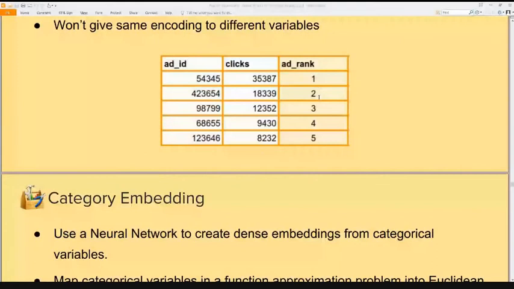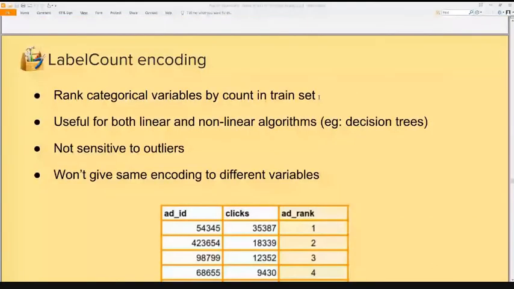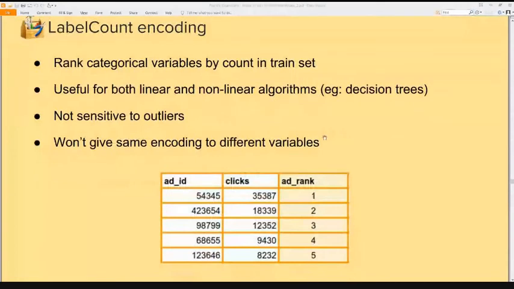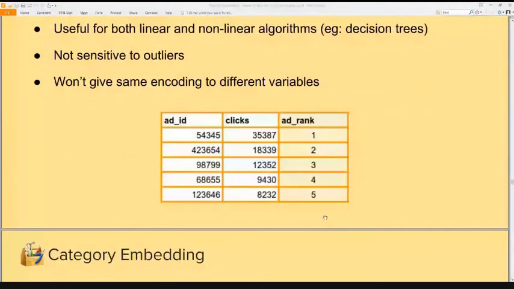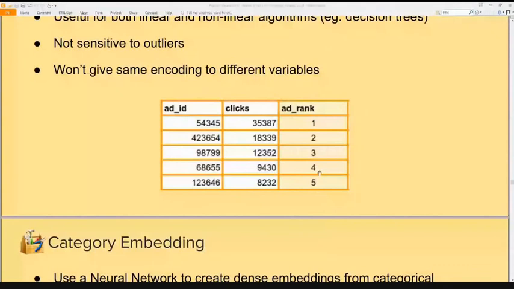Label count encoding. So this one is a number, a unique number for each label. For instance, this is 1, this is 2, this is 3, etc. That's a label count encoding. It does not give the same encoding to different variables. Each one is unique. Inozongorwadzira kuti kana une 100 categories unozosvika up to 100.